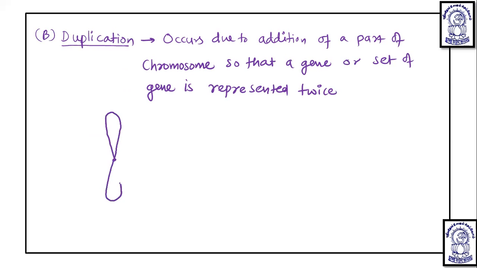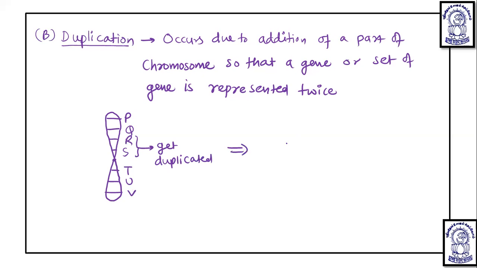Suppose this is the chromosome. In this chromosome, I have genes like P, Q, R, S, T, U, V. Now this RS gets duplicated.